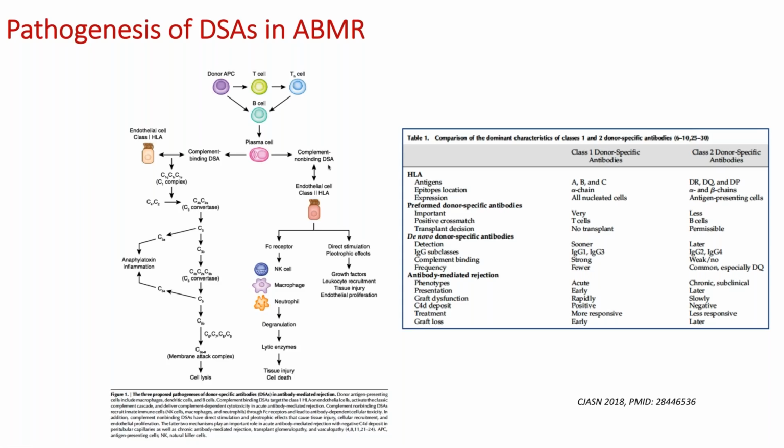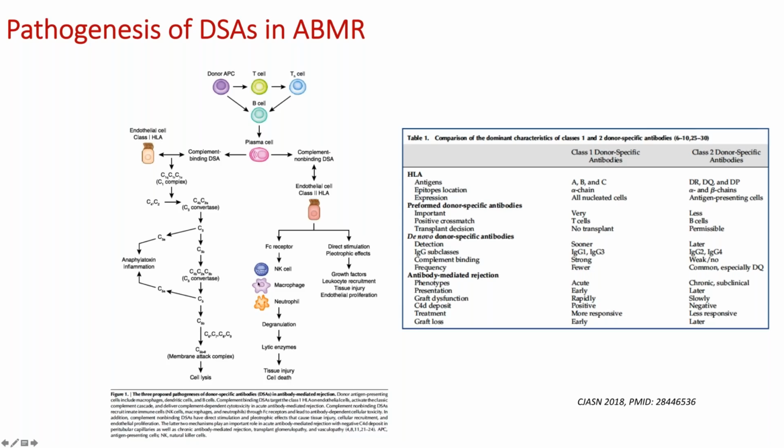The endothelial cell dies. Now, what about complement non-binding donor-specific antibodies? So these antibodies recruit innate immune cells like NK cells and macrophages and neutrophils through the Fc receptor and lead to what is known as antibody-dependent cellular toxicity or ADCC. Here, the Fc receptor causes the interaction of these cells with the endothelial cells, leads to degranulation of these cells, lytic enzymes, tissue injury, and cell death.